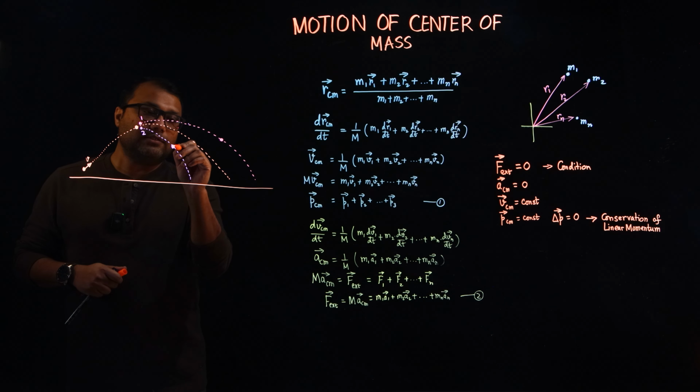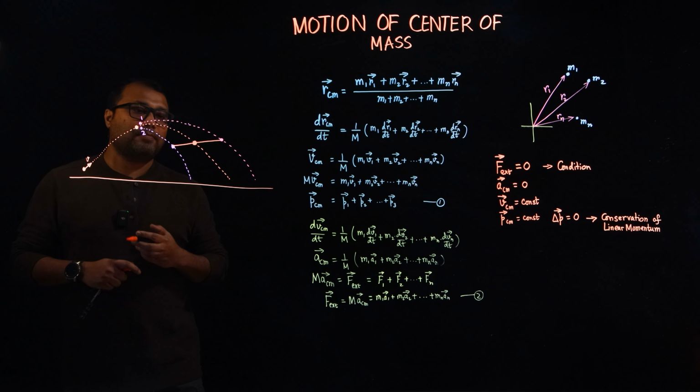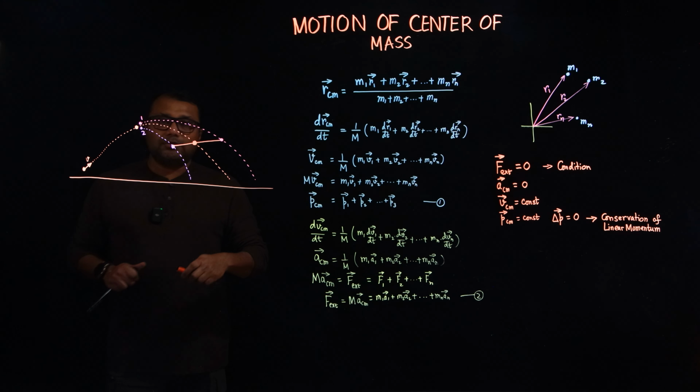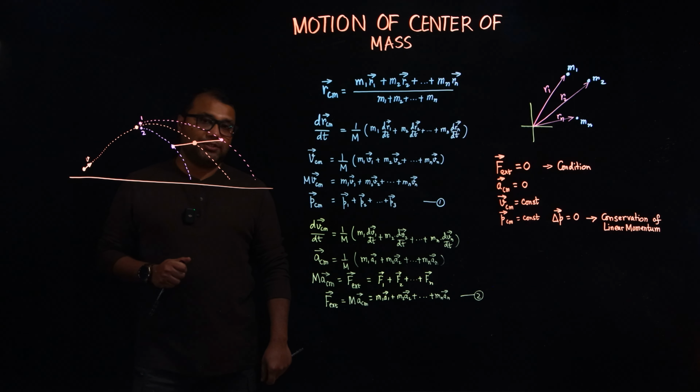That would be the center of mass of these two systems. So the trajectory of the center of mass would have been unchanged.